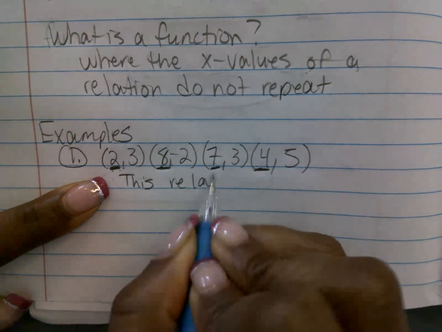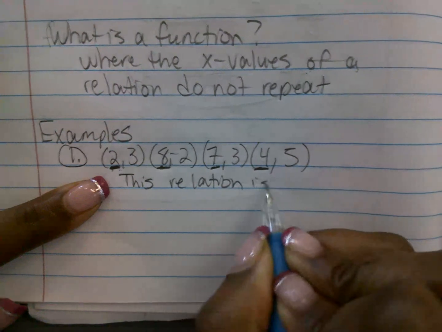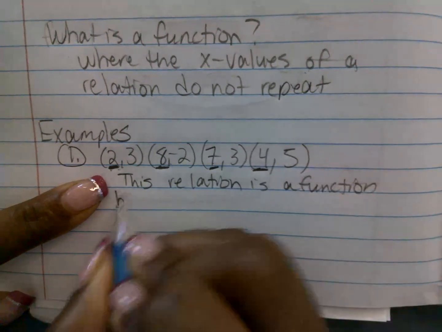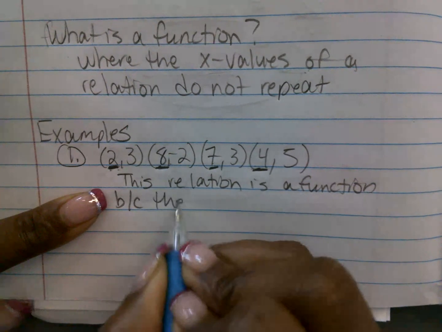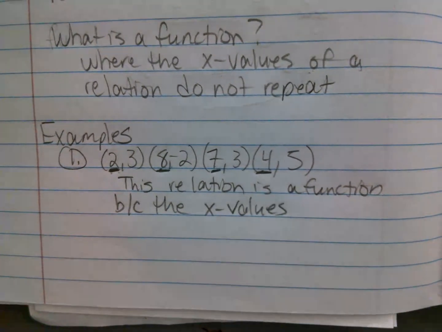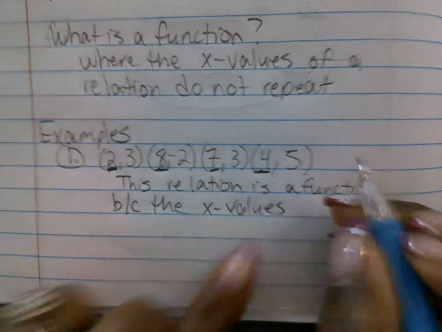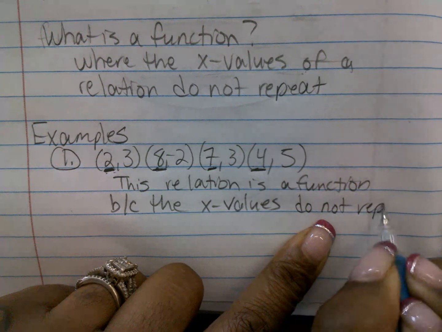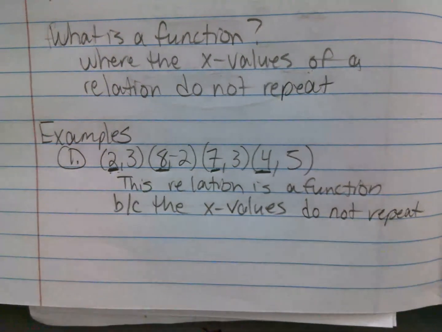This relation, set of ordered pairs, is a function because the x values do not repeat. The x values or the domain values do not repeat. Okay? Any questions?